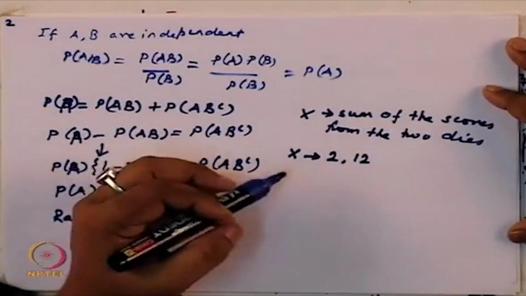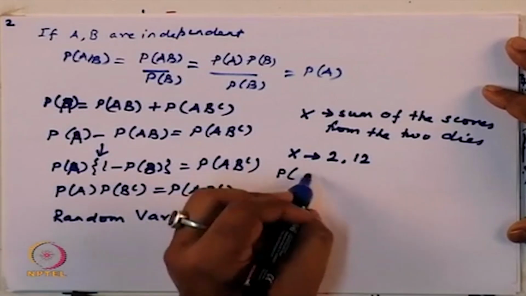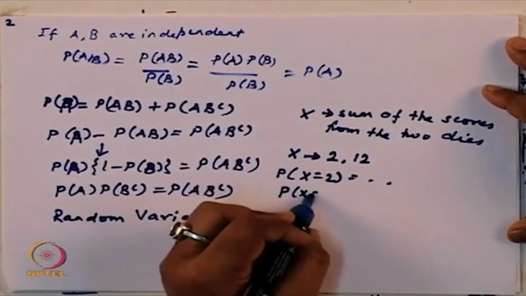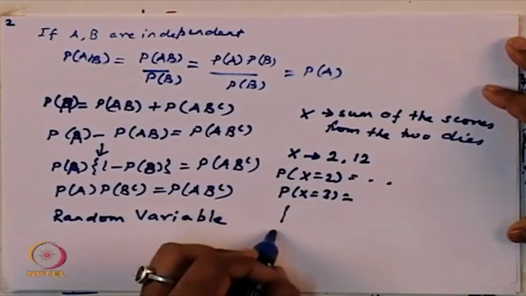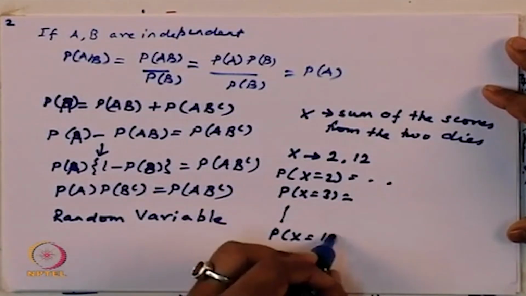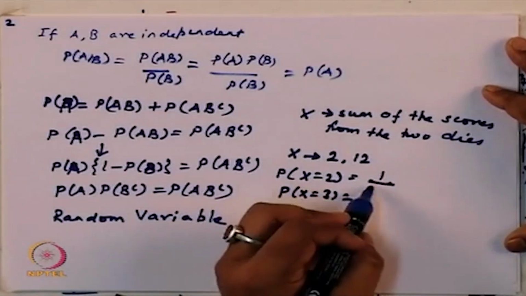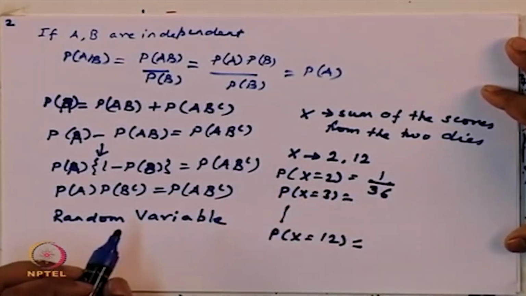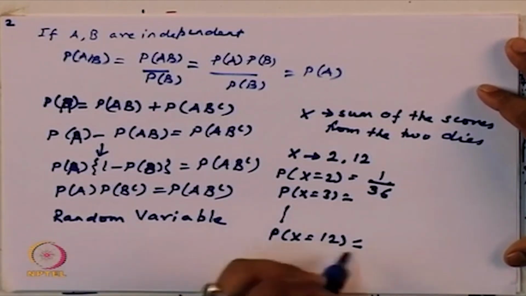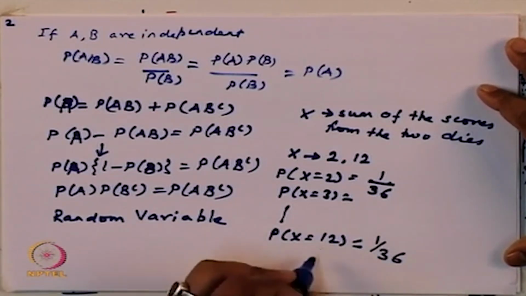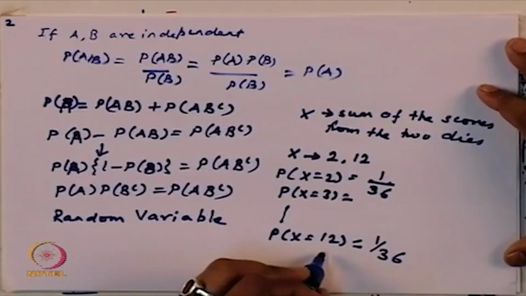And we had computed each of the probabilities, x equal to 2 onwards, x equal to 3, and so on up to 12. For example, probability of x equal to 2 is nothing but 1 by 36, and probability of x equal to 12 is also 1 by 36, because 6 and 6 is the only outcome which corresponds to x equal to 12.